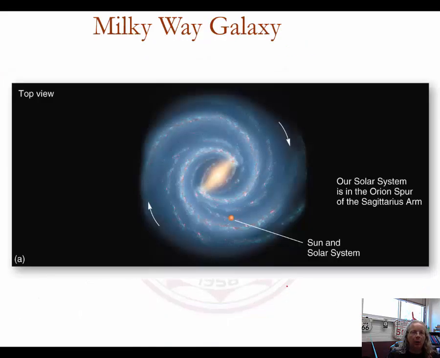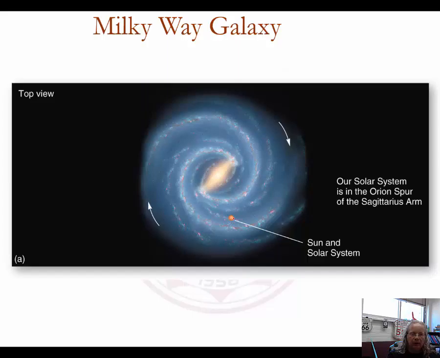So let's back up way out and take a look at a view of the Milky Way, which is our galaxy that we live in. You can see it at night, perhaps not so well here in Los Angeles where there's a lot of light pollution, but if you go out to the desert or some place where there aren't very many street lights, then you can see the Milky Way as a massive cloud of tiny points of light across the sky.